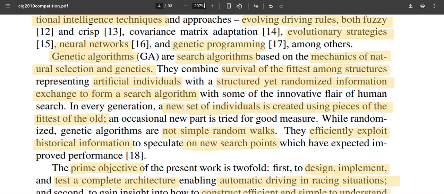Here a new set of individuals, as mentioned earlier, is chosen, and some exploration and exploitation is applied, like randomly selecting some things, and the best chosen from the previous generation will be retained. It's not purely a simple random walk, but has some efficient exploitation using the previous historical information to search for new points.